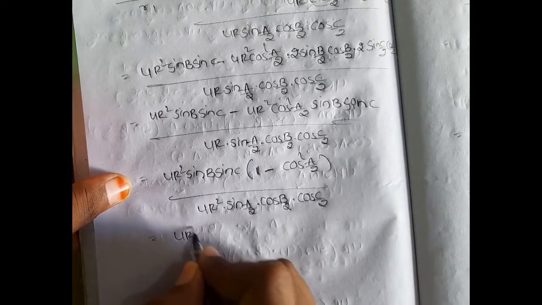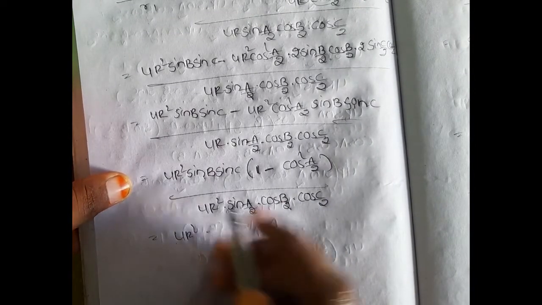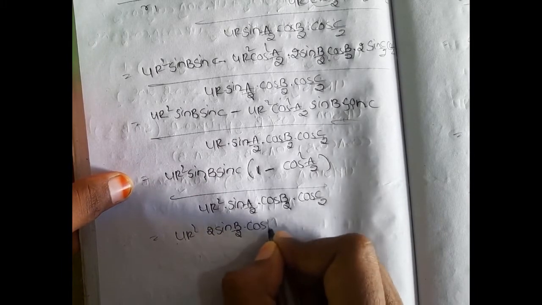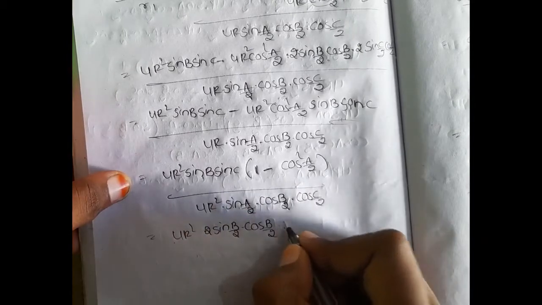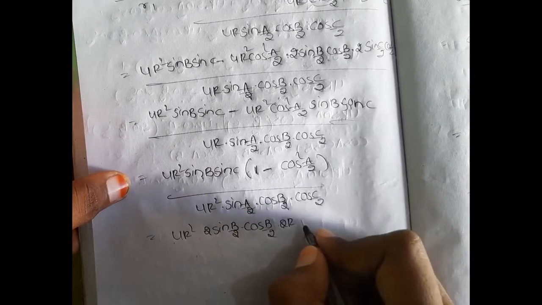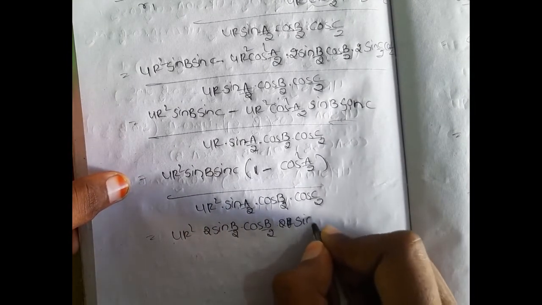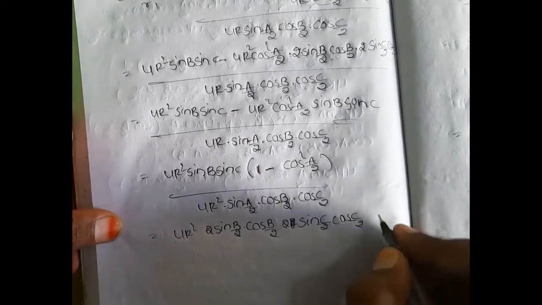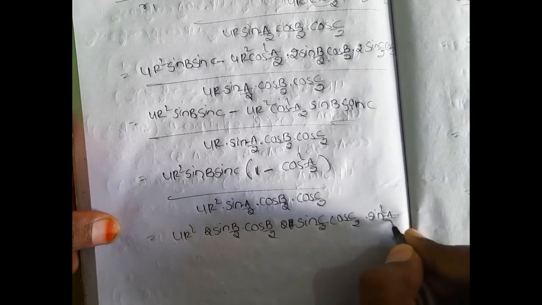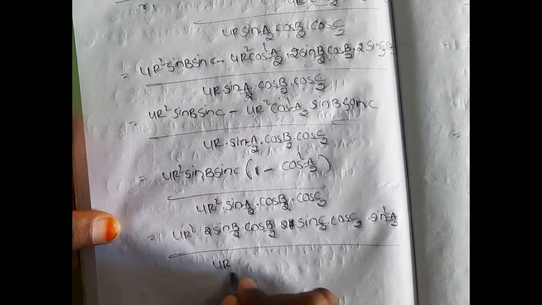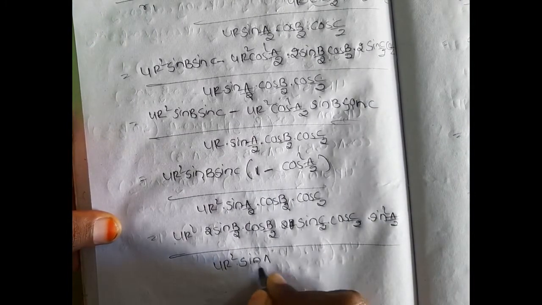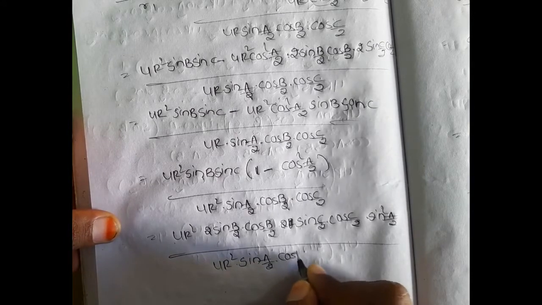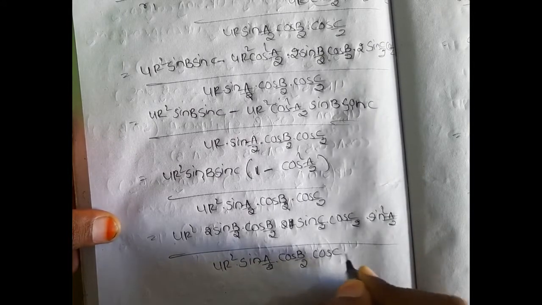Now sin b can be written as 2 sin b by 2 cos b by 2, right? Sin c can be written as 2 sin c by 2 cos c by 2. What is 1 minus cos square theta? Sin square theta. So sin square a by 2, over 4r square sin a by 2 cos b by 2 cos c by 2.